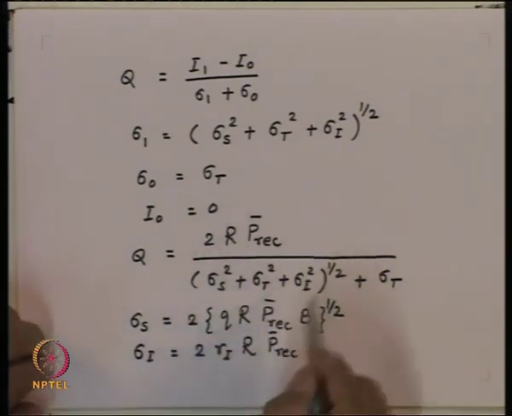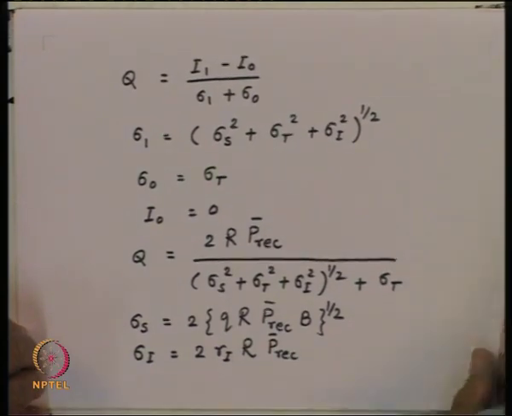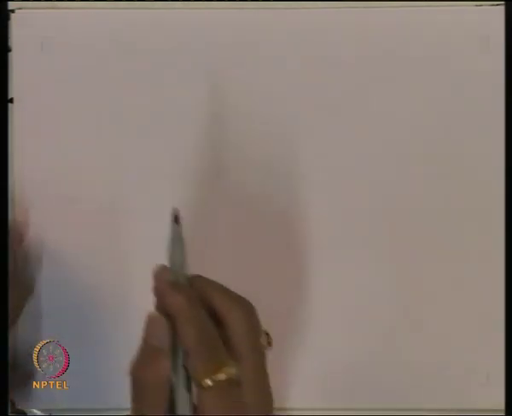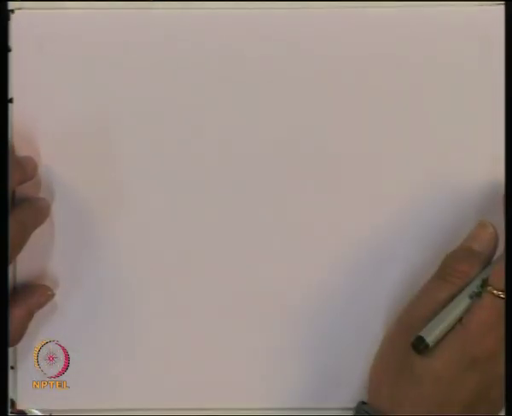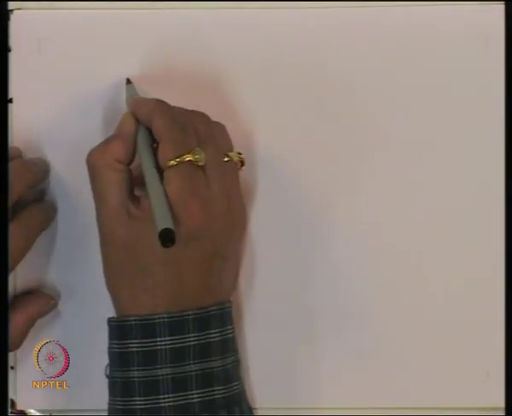So, if we invert this and solve for PREC, we get the received power as a function of the parameter q.